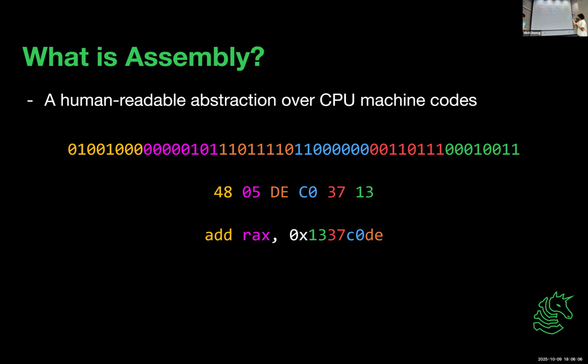But we can't remember all the numbers for every single instruction, because there are so many different types. So what we can do is use assembly. Assembly is just these numbers turned into something that we can use. And so, yeah, that's what this is right here.